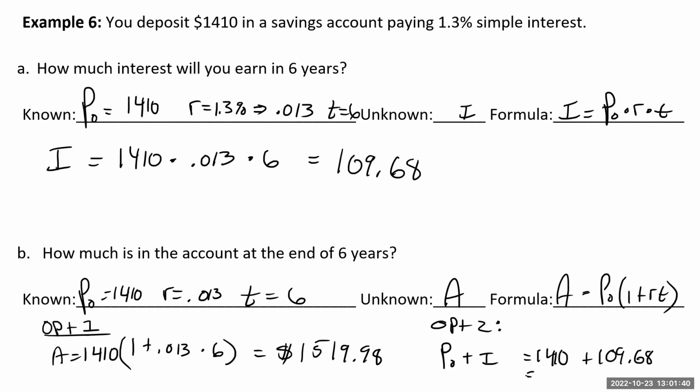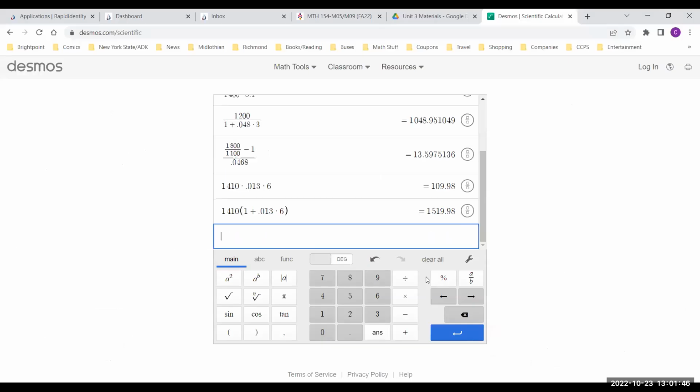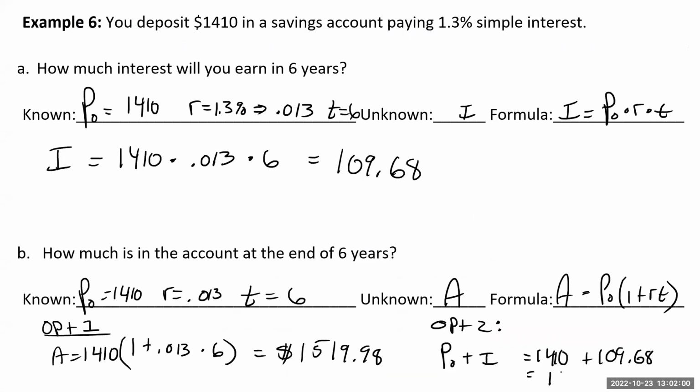And if you add that together, let me prove it to you on the calculator, we should be coming out with 1519.98. So again, here we go, 1410 plus the interest earned. There it is, 1519.98. Okay. So either option you choose is fine, just however you want to do it, as long as you're doing it in a mathematically correct way.